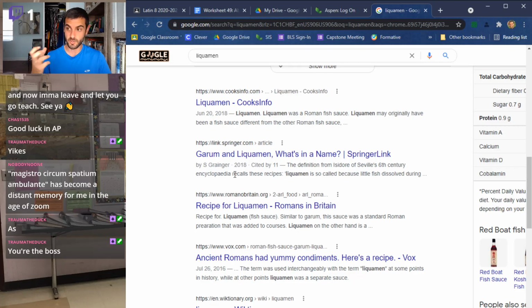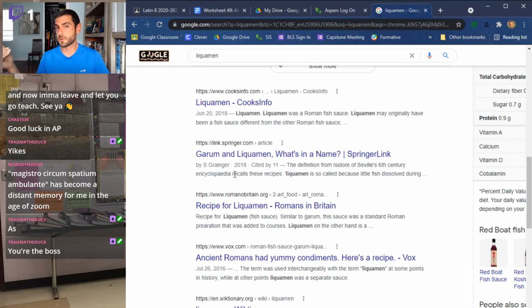It had a lot of salt in it. It was basically their go-to condiment for flavoring stuff. Salt is always flavorful. Fish, the Romans had a heavy diet of seafood, so they enjoyed the taste of fish. It was also something that was made from a lot of the leftover fish parts. So it was good to use that stuff up in a different way, waste not, want not. So it is a staple flavor in Roman cuisine.